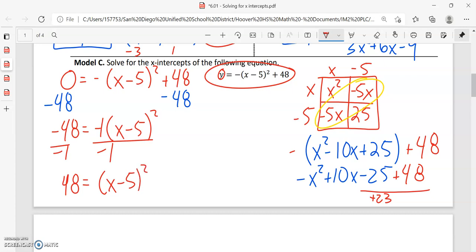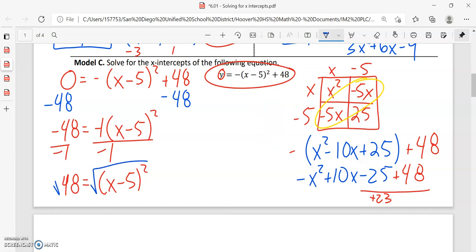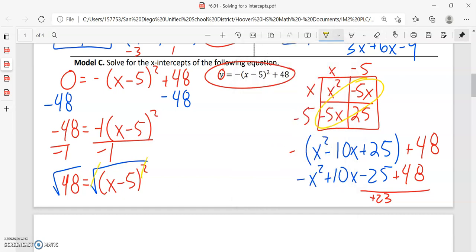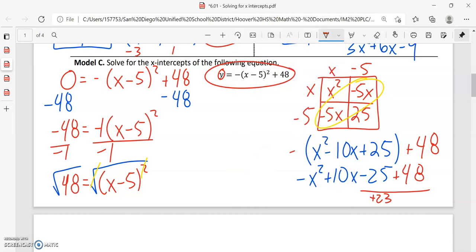Now we have x minus 5 squared. So square root both sides. So we're going to cancel out the square root and the square. And our left side becomes plus and minus square root 48.